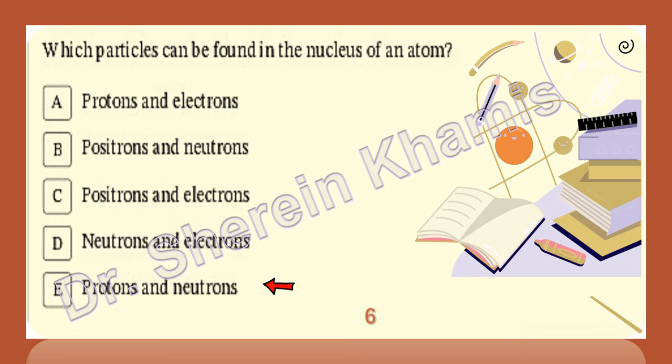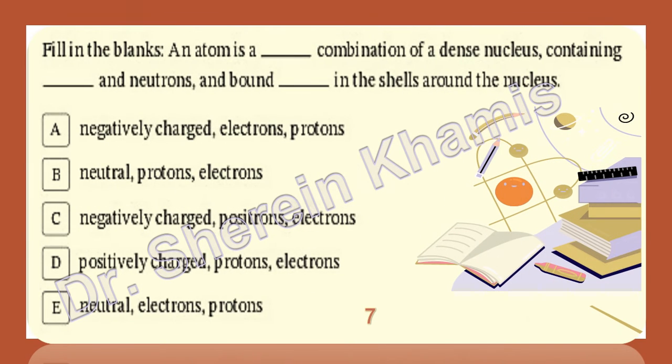Okay, let's go into question 7. Question 7 says, fill in the blanks. An atom is a combination of dense nucleus. Combination means that it must contain a charge of positive and also negative, so the sum of them will give us a neutral combination of dense nucleus, as it makes the atom as a whole neutral.